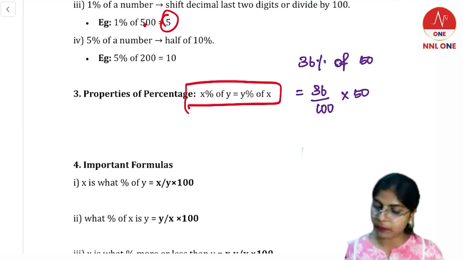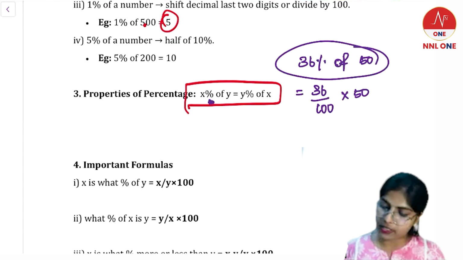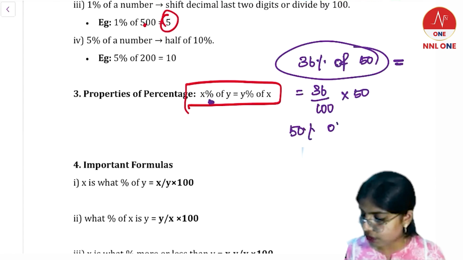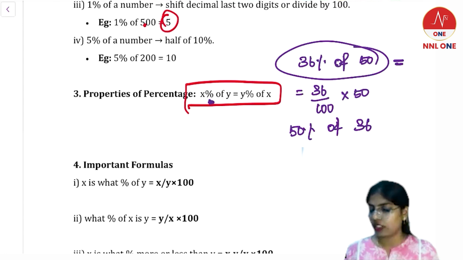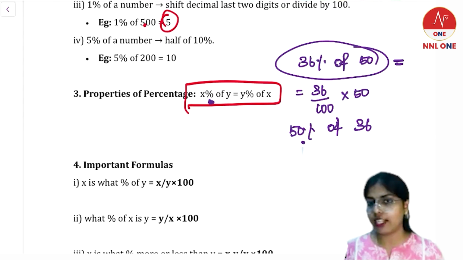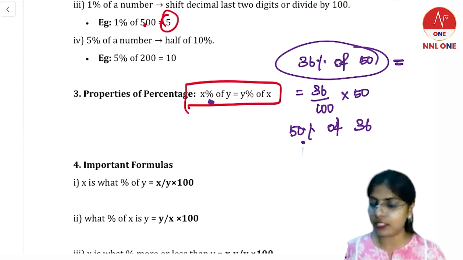But when you remember this percentage property, you can make it easy. 36% of 50 can also be written as 50% of 36. Yes. What is 50% of 36? 100% is 36. Then 50% will be half of that number. What is half of that number? It is 18.